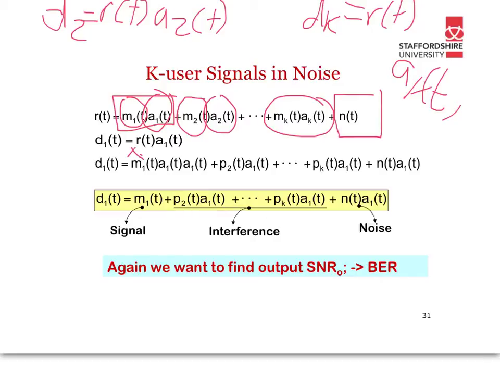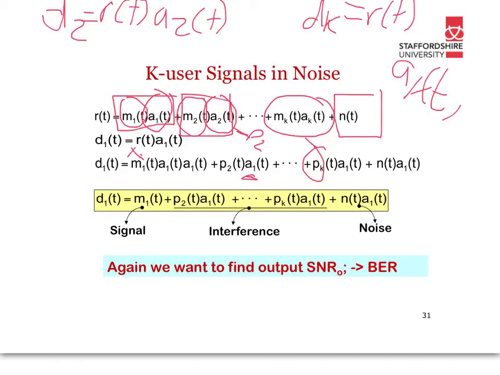Every single term here is times A1, so it's also P2 times A1, where P2 is the power of this, and PK times A1, because we've only got A1 at the receiver, so we're not despreading message 2 because we don't have code 2.